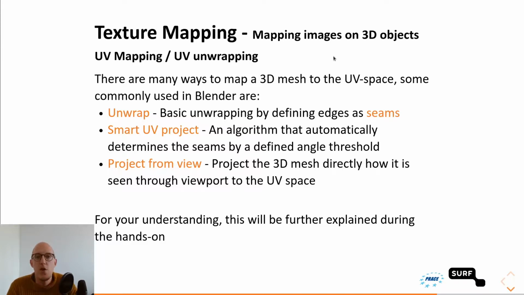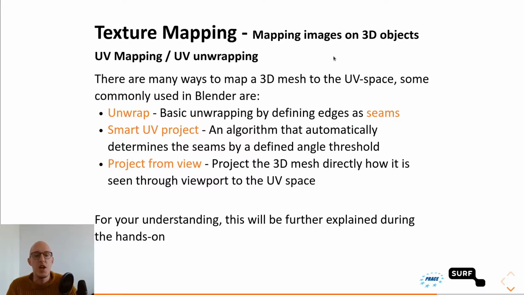So for example, if you have a very complex visualization, this could be a way to unwrap your mesh, but it can also make the UV mapped geometry very complex. So you get a lot of single islands in the UV mapping, which can look funny when you eventually map a texture on top of it.